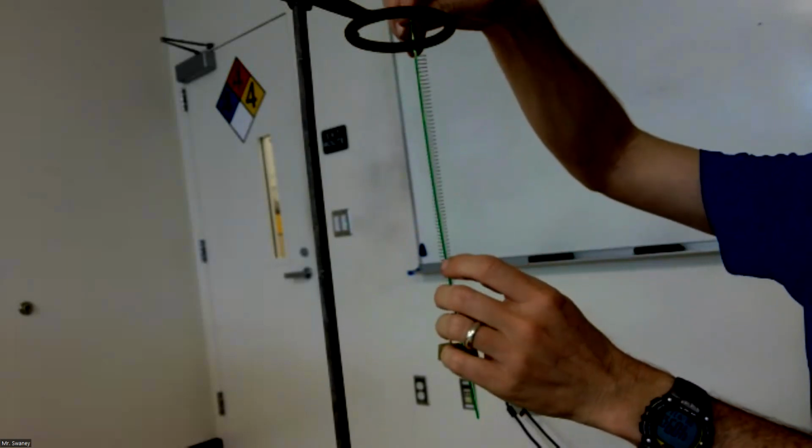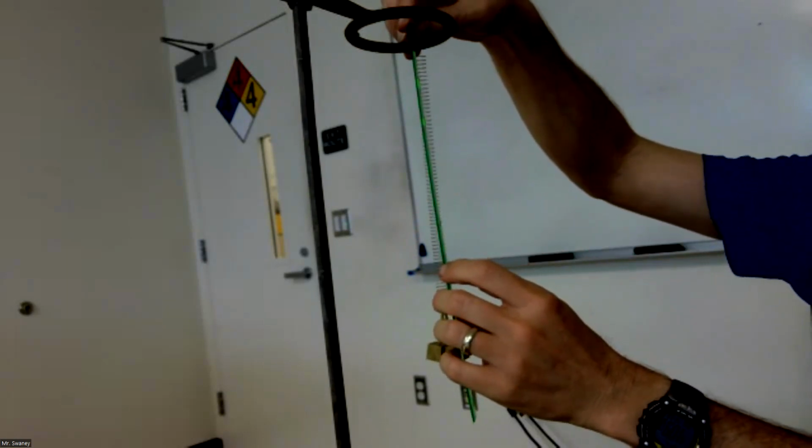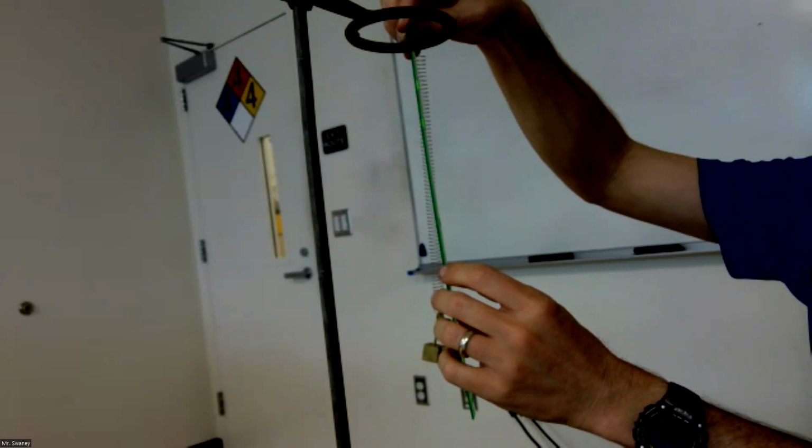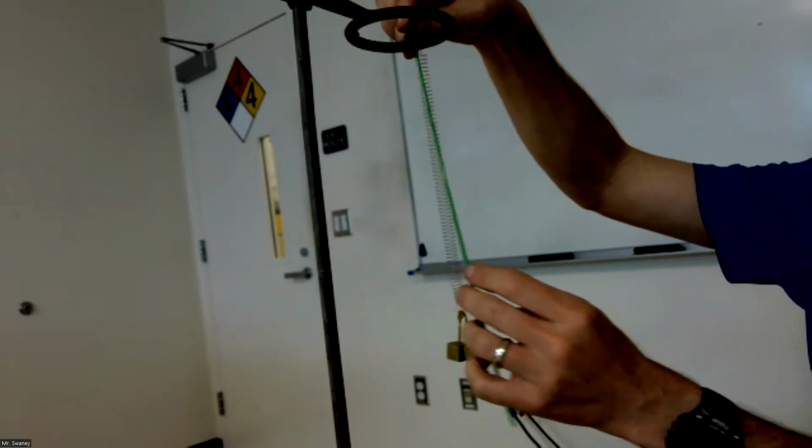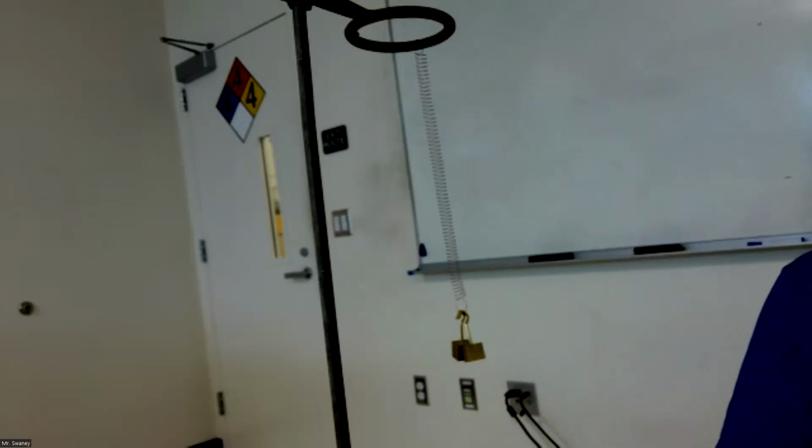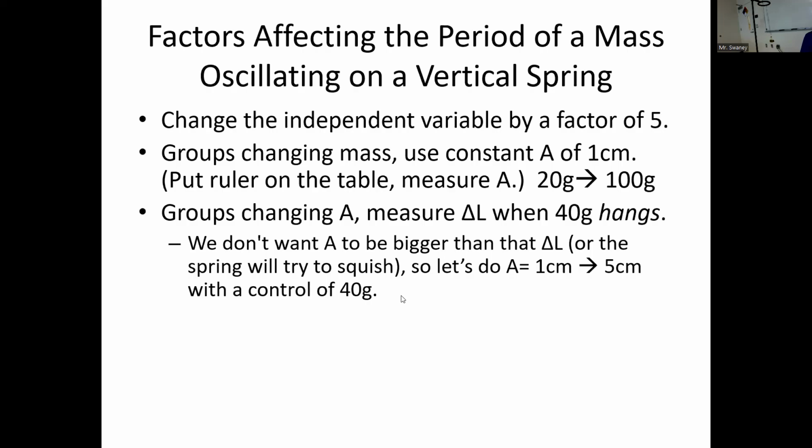This is 40 grams on there. It's about 22.5, 22.6. So it's about 7.9 or 8 centimeters. So my point in doing that was, if you remember, we wanted to change the independent variable by a factor of 5.